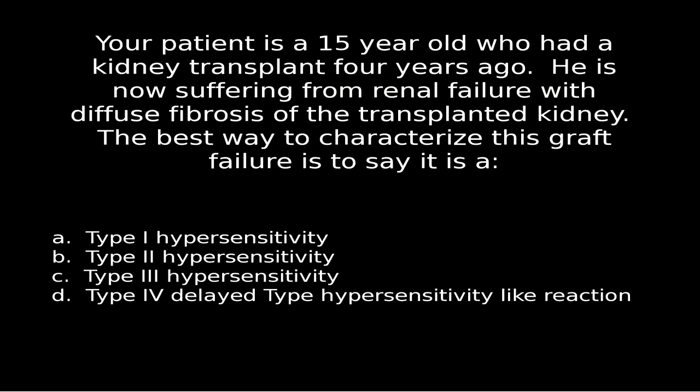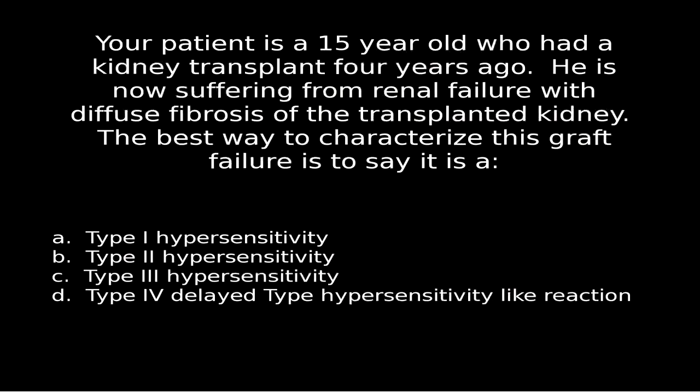So number 11 is your patient is a 15-year-old who has had a kidney transplant 4 years ago, but he's now suffering from renal failure with diffuse fibrosis of the transplanted kidney. All right, so the best way to characterize this graft failure is to say it is what? Well, we'll get into graft failure in just a moment, but it's fibrosis, it's long-term, it's cell-mediated immunity.